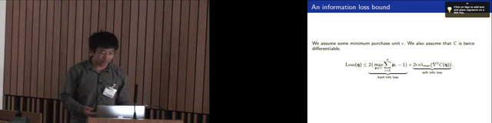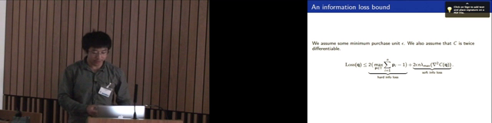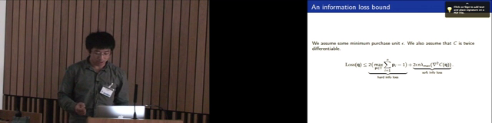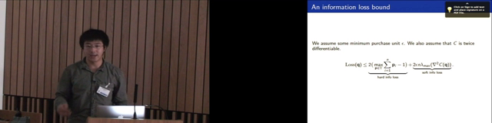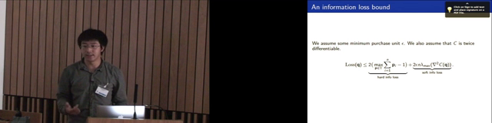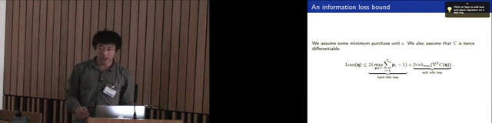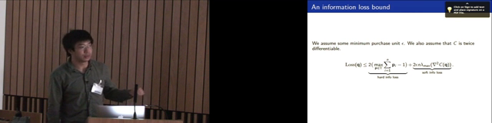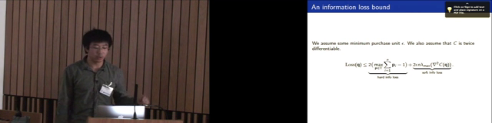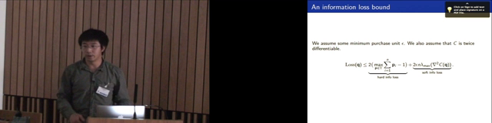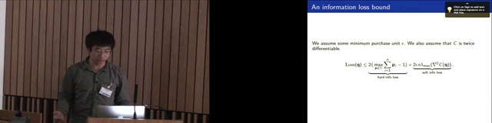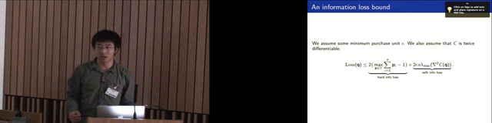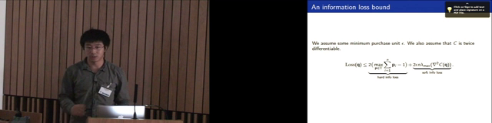It is controlled by the minimum purchase unit, the number of securities, and also the lambda max of the Hessian of C, which measures the instantaneous liquidity. Because we define a market to be liquidity adaptive only if its liquidity goes to infinity when the market state goes to infinity, the soft information loss will diminish as the market runs long enough.